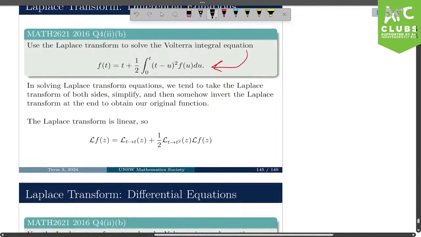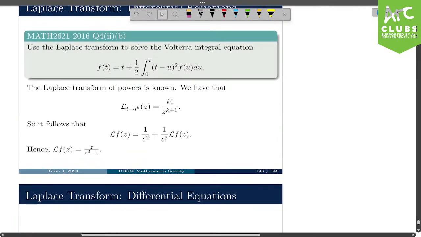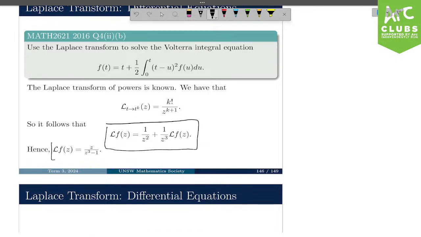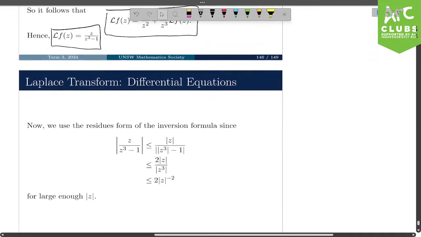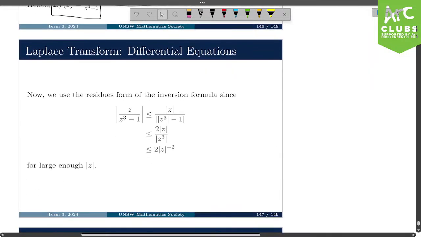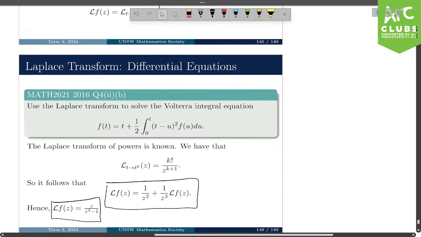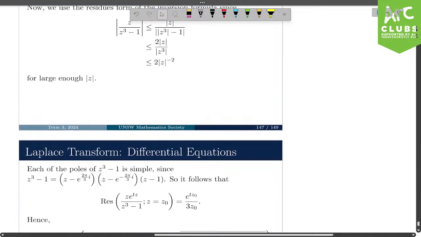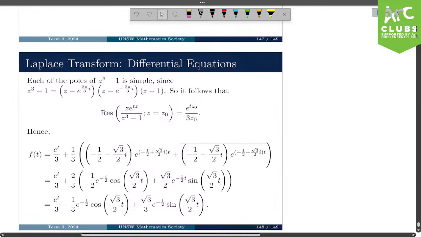The convolution turns into a product, and we're able to break it down. We refactor to get our original Laplace transform value. Yeah. You could use residues. But it's a little bit irrelevant to this course. Let's just read through it a little bit.